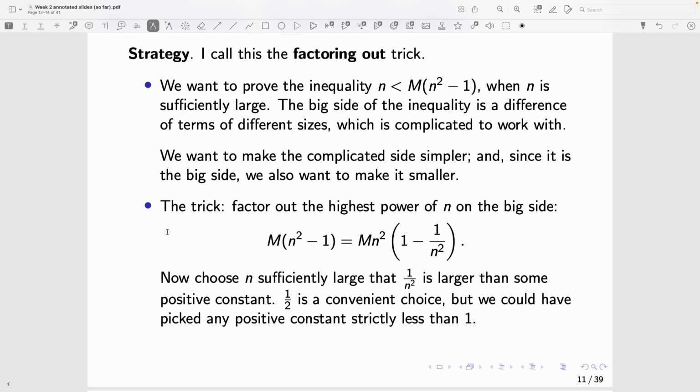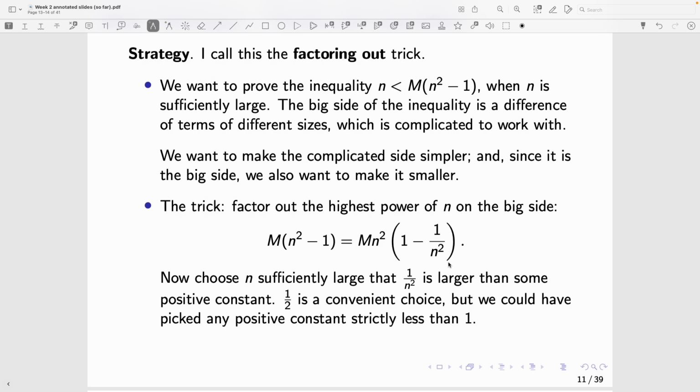So we factor out the highest power of n on the big side, and then choose n. This is the tricky part. Choose n such that the terms inside of these brackets evaluate to some positive constant.